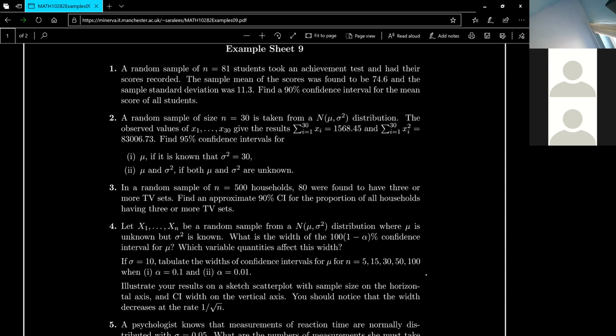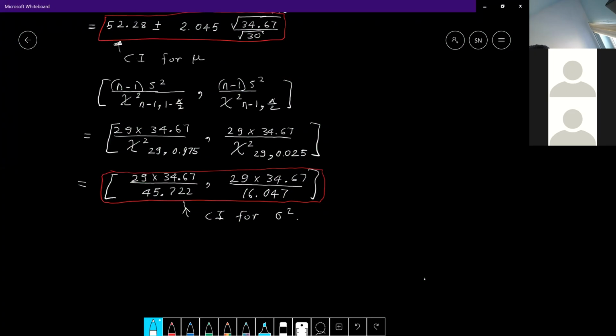All right, guys, if you haven't done it yet, let me show you how to do question 3. So stop share and share screen. Okay, here we are. This is question number 3.